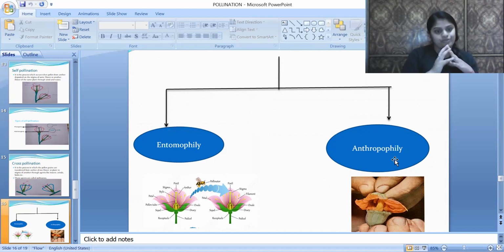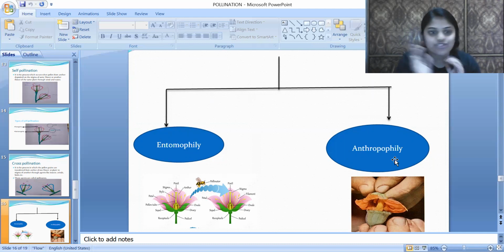What is entomophily? Entomo means insect, phily means lover, insect lover. The cross-pollination which occurs with the help of insects is called entomophily.